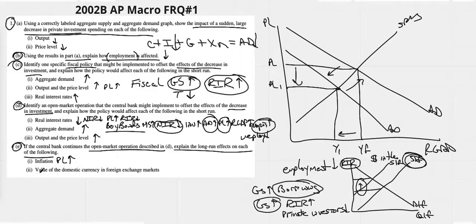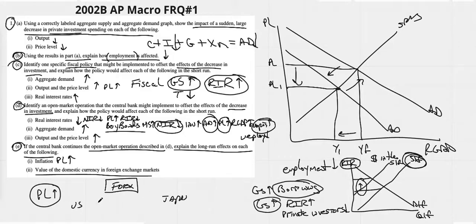The value of the domestic currency in the foreign markets. Well, if the prices of our goods and services are going up, do you think people want to buy more of them or less of them? So let's say it's between the U.S. and Japan here. If our prices are going up, think about this.